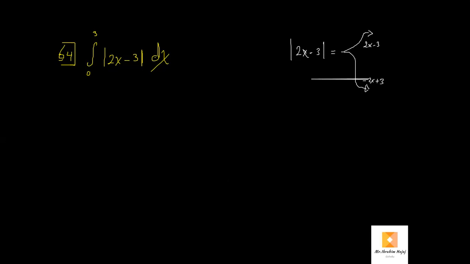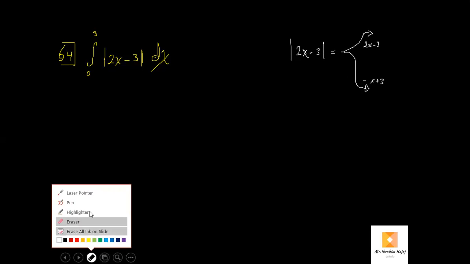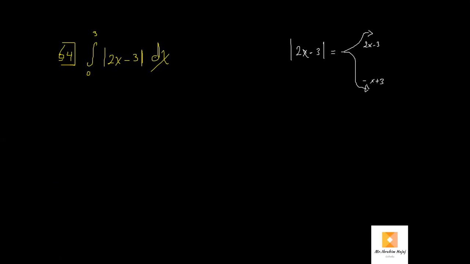Then the restriction on the domain: when is x less than 3 over 2? 3 over 2. And here where x is less than 3 over 2.